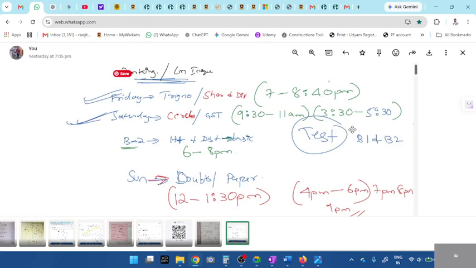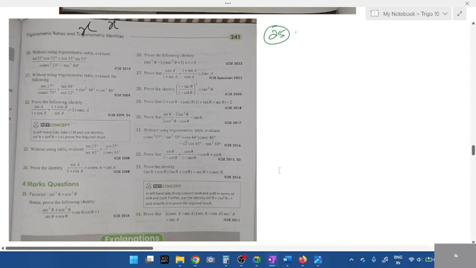We'll see. 4 o'clock I'll start, 4 to 5:30. Then I'll teach all GST, heights and distance GST. Then I'll conduct a test. Okay. Shall we start? All of you, can you see the screen?